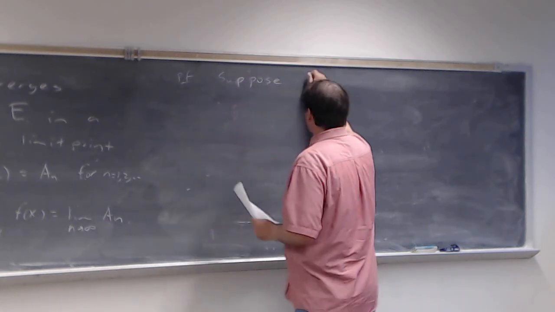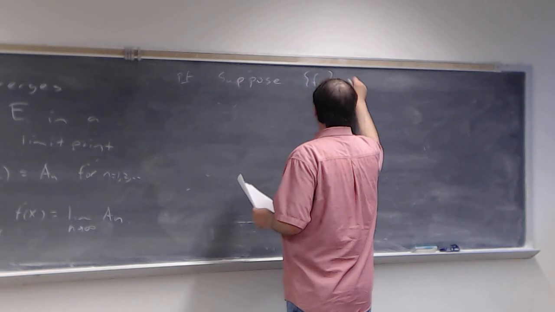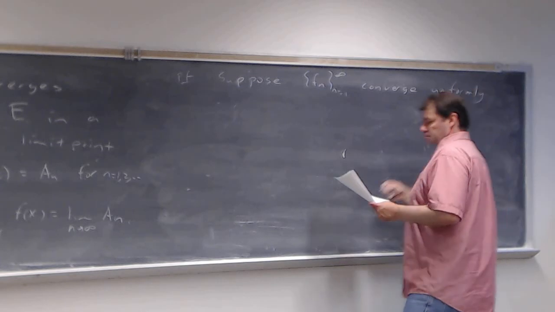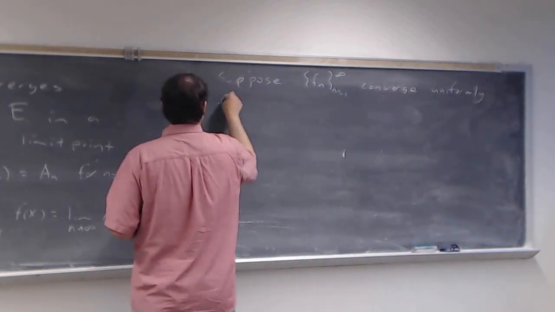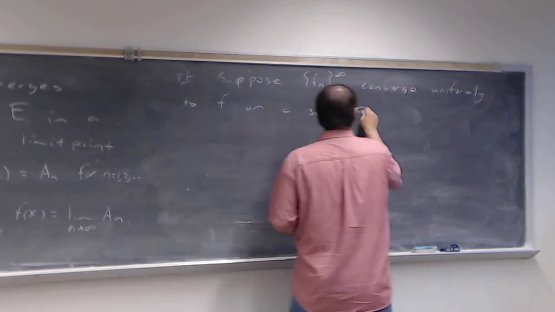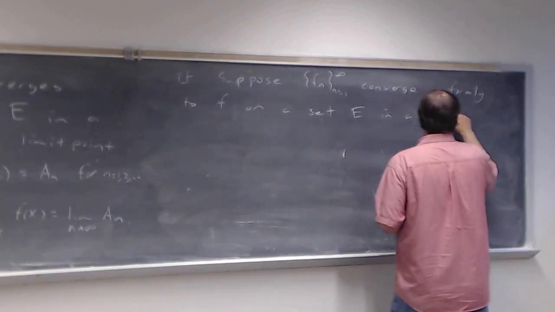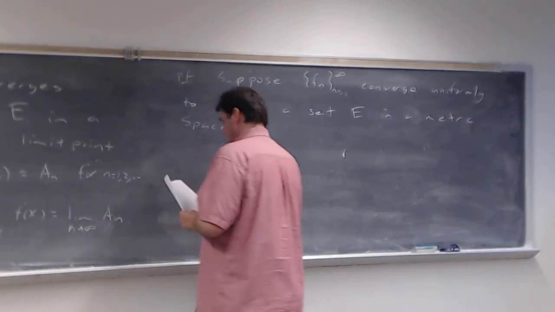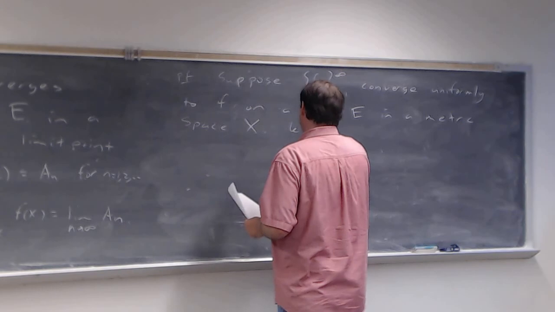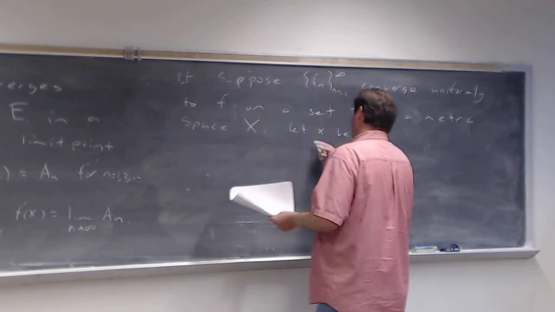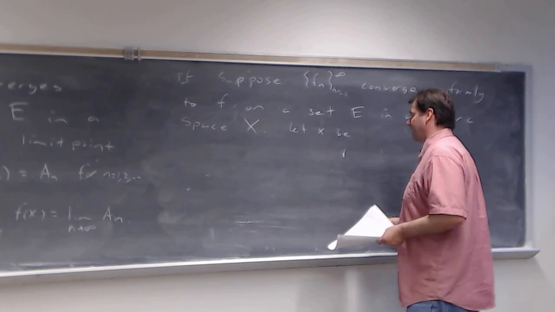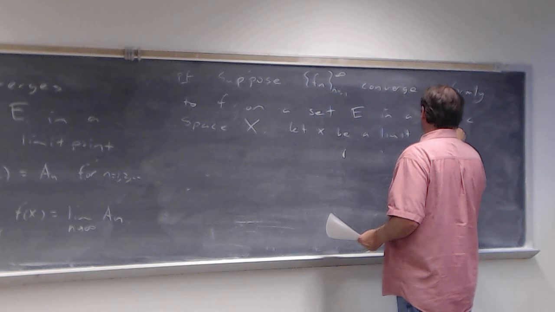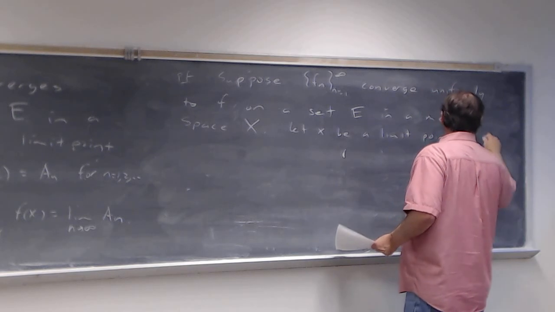So suppose f sub n converges uniformly to f on a set E in a metric space, big X. Then we're going to let little x be, sorry about the notation, this is our space, this is an element. So let little x be a limit point of E.